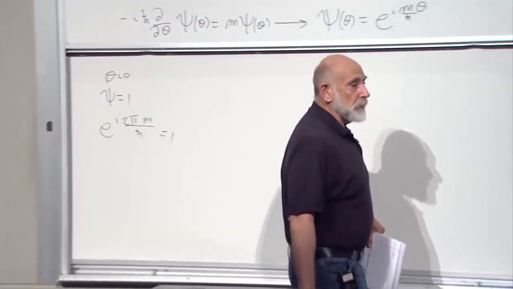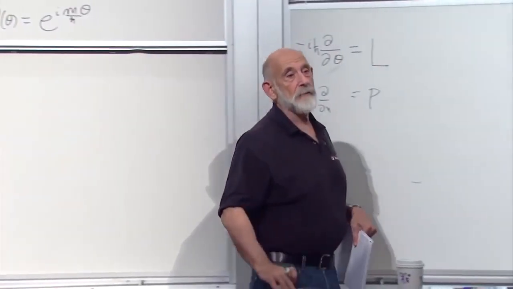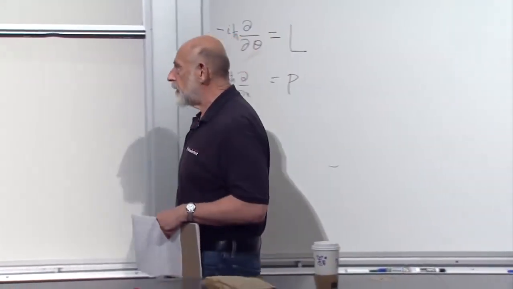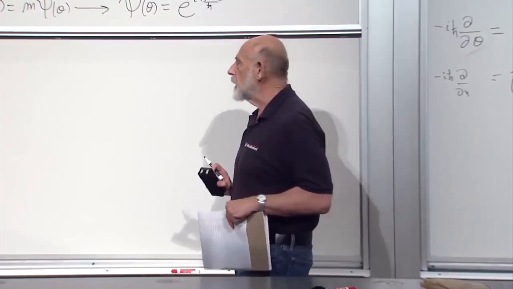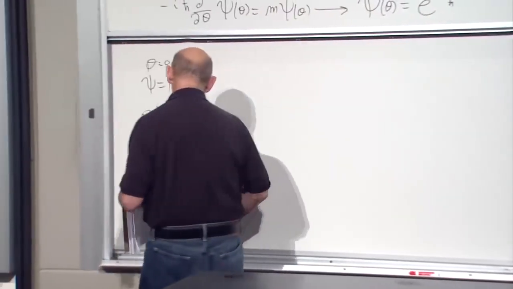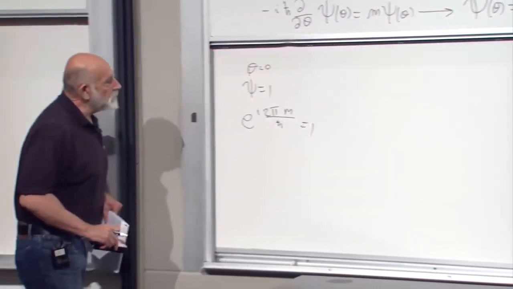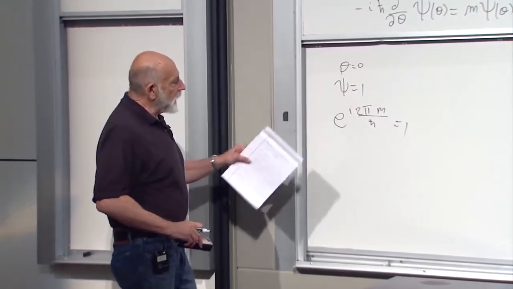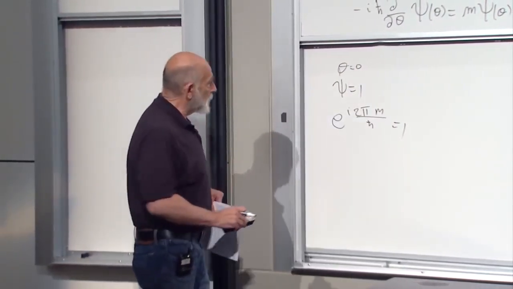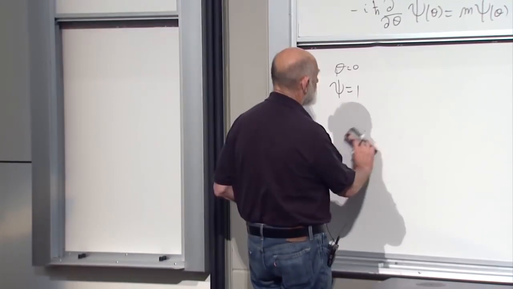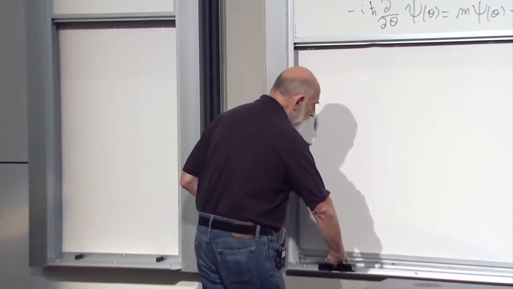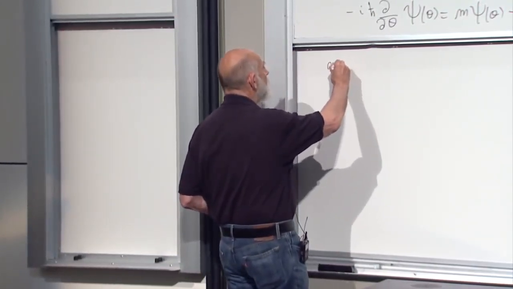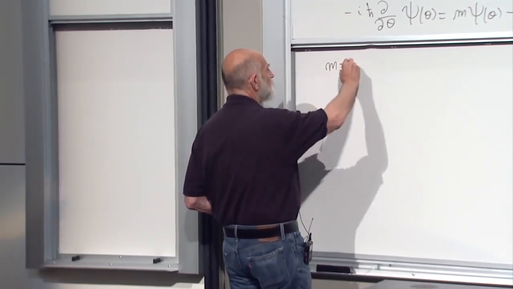In order to make sure that the wave function comes back to itself, that it's single valued, that it has a definite value at each point, it's necessary that the eigenvalues m be integer multiples of Planck's constant. So let's write that out. m is equal to an integer.